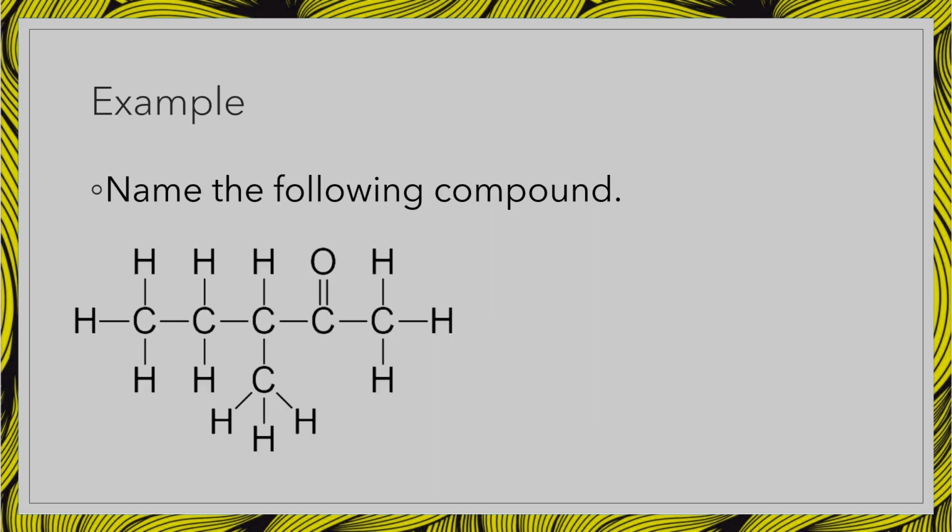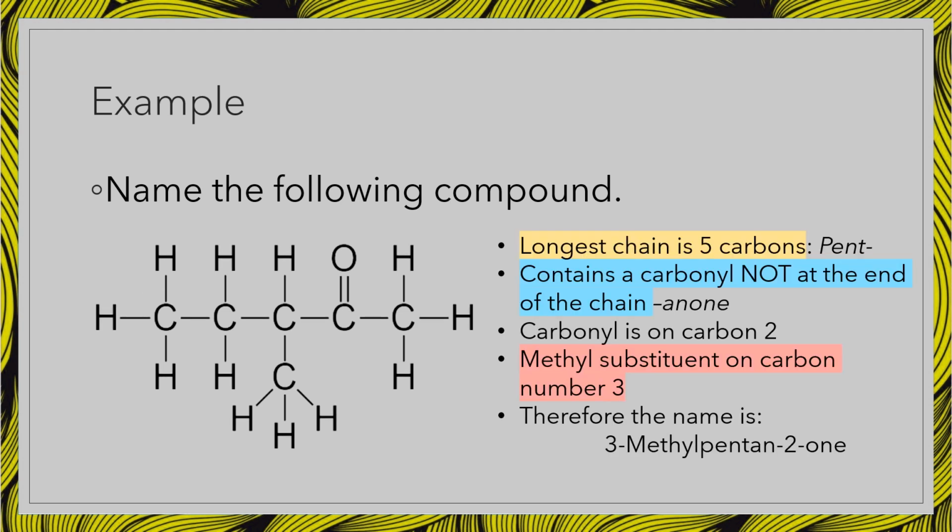So name the following compound. Find the longest chain that contains the functional group. So in this case, the functional group is our carbon-oxygen double bond. The longest one that contains that is 5, so it's pent. I've messed up the animations on this slide, but you'll get over it. It contains a carbonyl that's not at the end of the chain, so it's an -one.